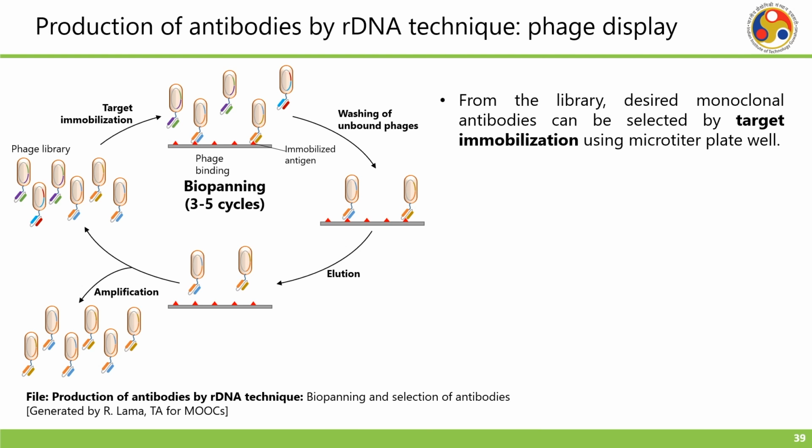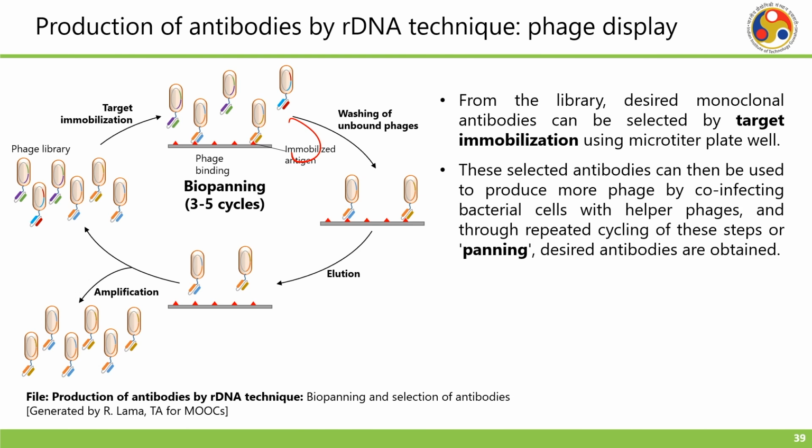So, here you have the phage library, then we go for the target immobilization, then washing of the bound phage over here, and the unbound phage will be washed off, while those which have been captured by this plate will be retained, and then these are eluted out, and these are then further amplified, or we can go for a repeat of this panning process for around 3 to 5 cycles of biopanning.